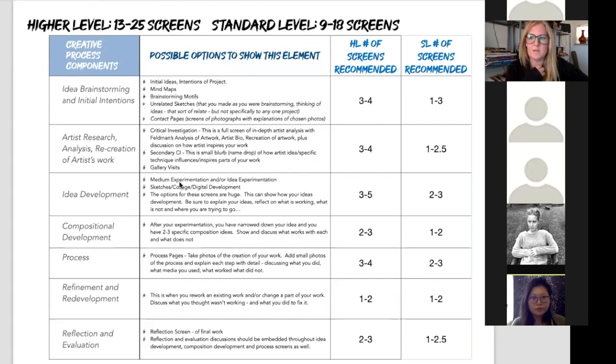And then we go through and decide where we need to add more of this, and we can create that in our second year. So it's a little bit strategic, I guess. We don't really do all of the screens for all the projects in year 2. We kind of just figure out what we need to add and how to elevate the screens that we did in year 1. So that's kind of how we do it.